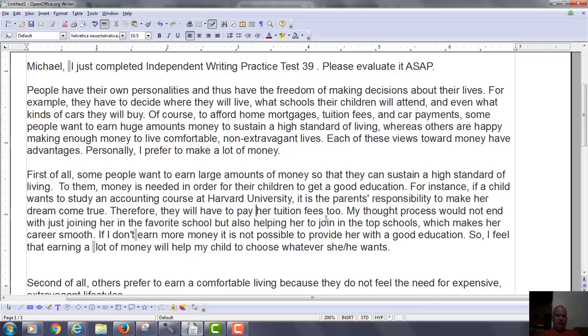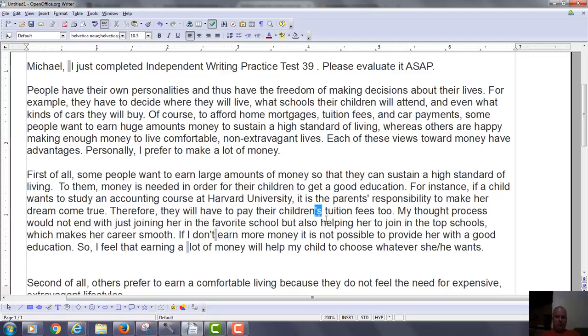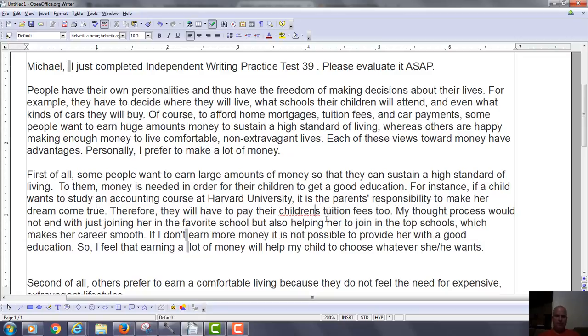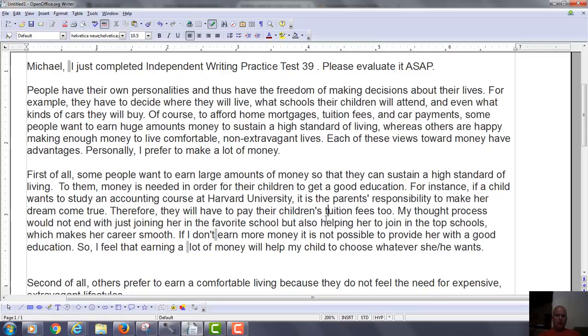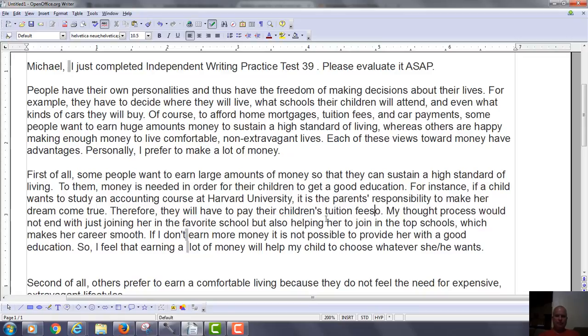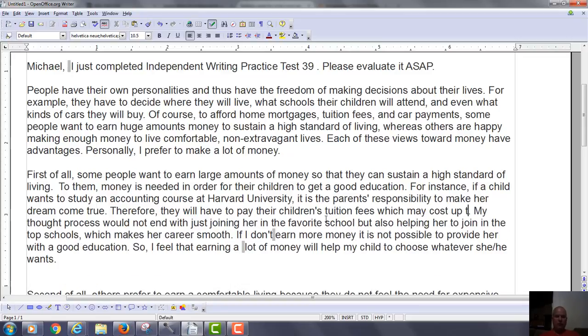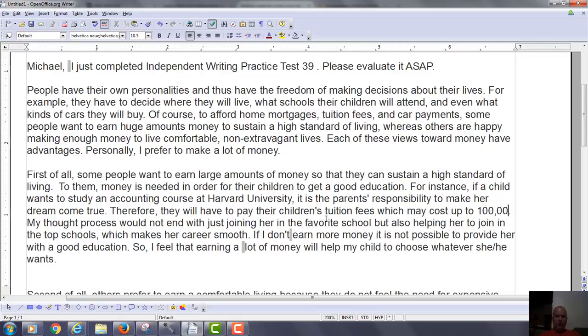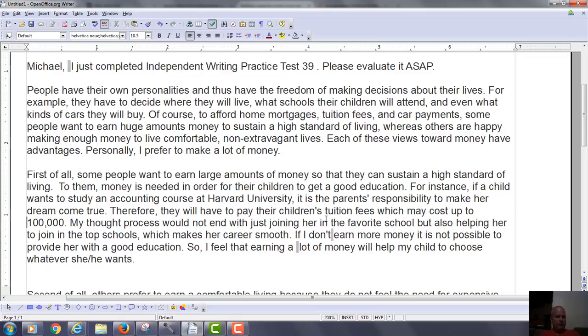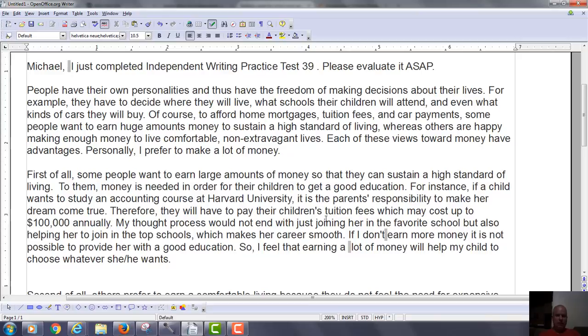They'll have to pay, we can say their children's tuition fees, which may cost up to $100,000 annually.